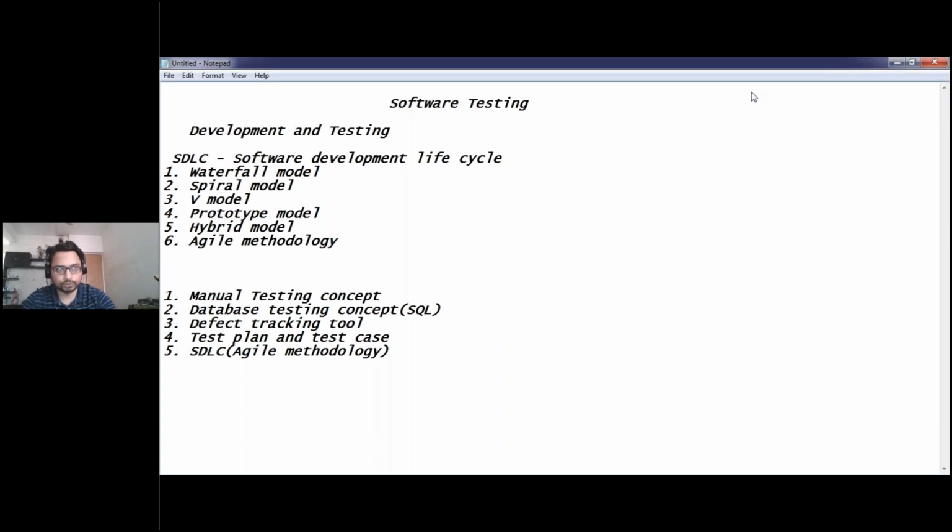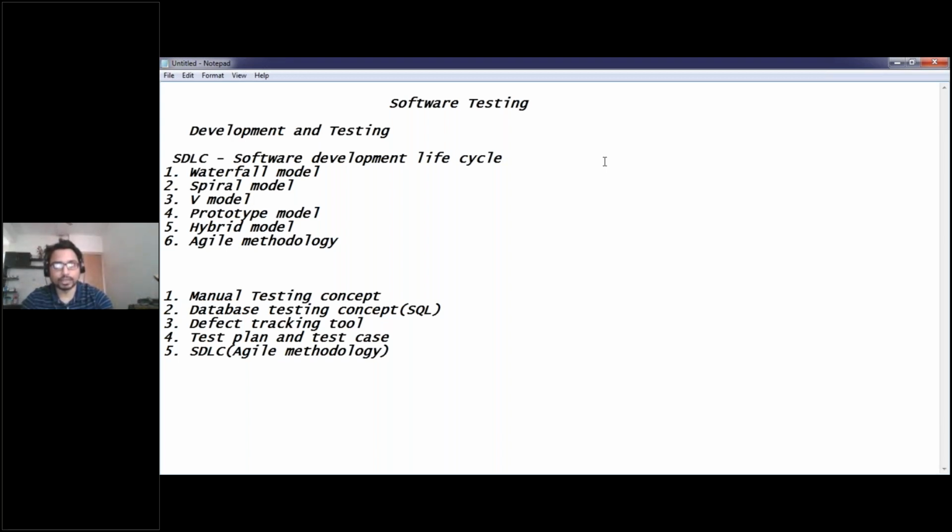Yeah, good question. Basically, the V model has no iterative process. In a V model, the business analyst goes to the client location and gathers the requirement. Once gathered, the requirement is given to the developer, who starts developing the application. On the other hand, the tester is writing the test cases and the test plan.